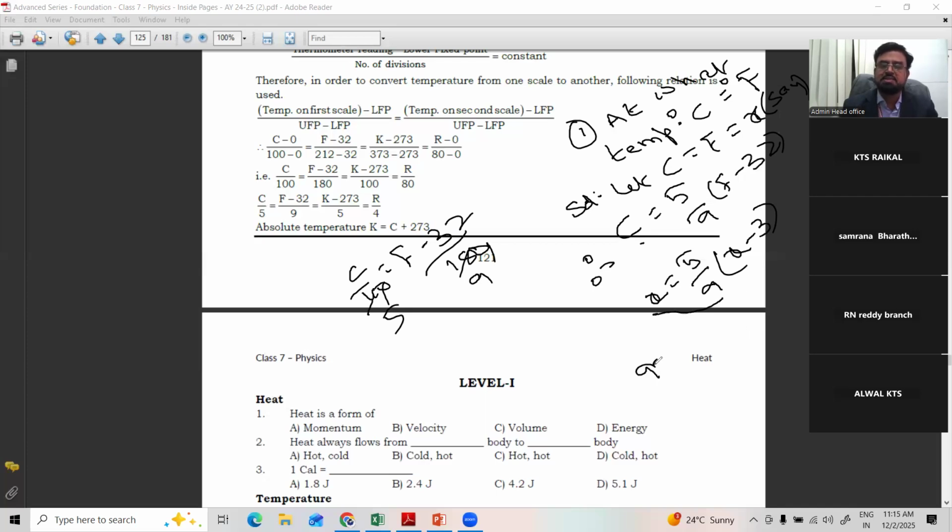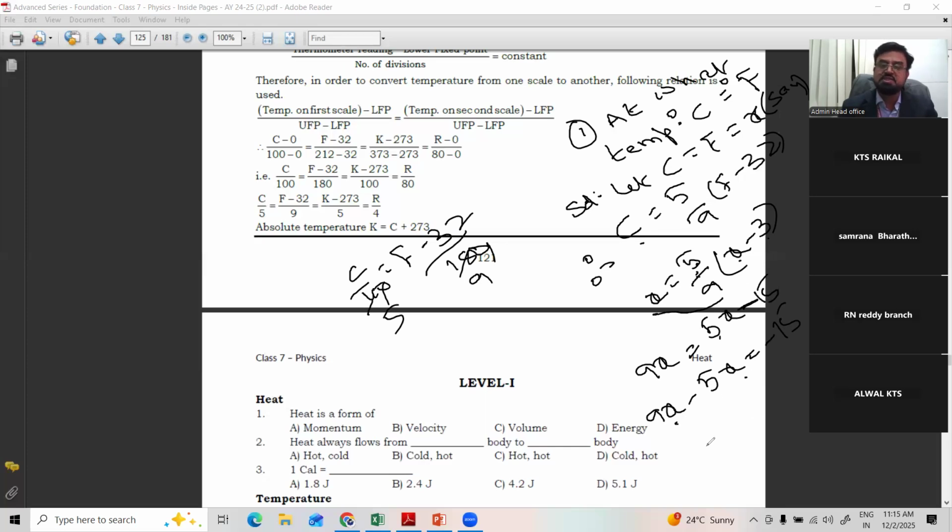Take this side: it becomes 9X is equal to 5 into X minus 32. 5 into X is 5X, minus 5 into 32, that is 160. Not 15, 160. Right? Bring this side: 9X minus 5X is equal to minus 160.